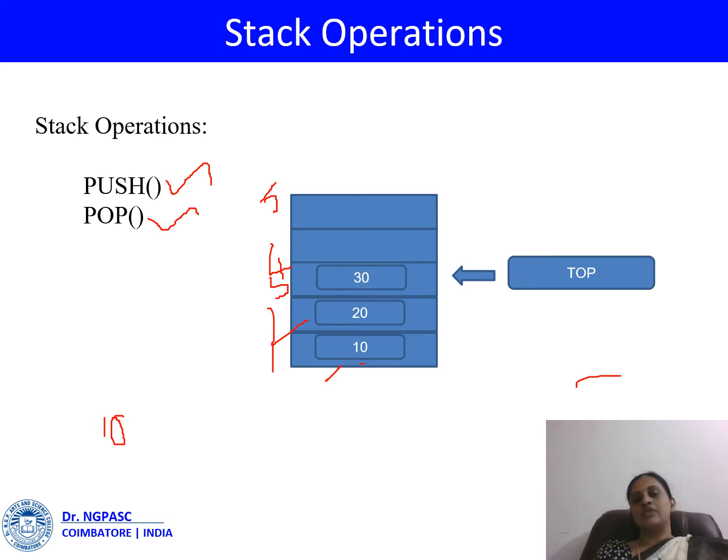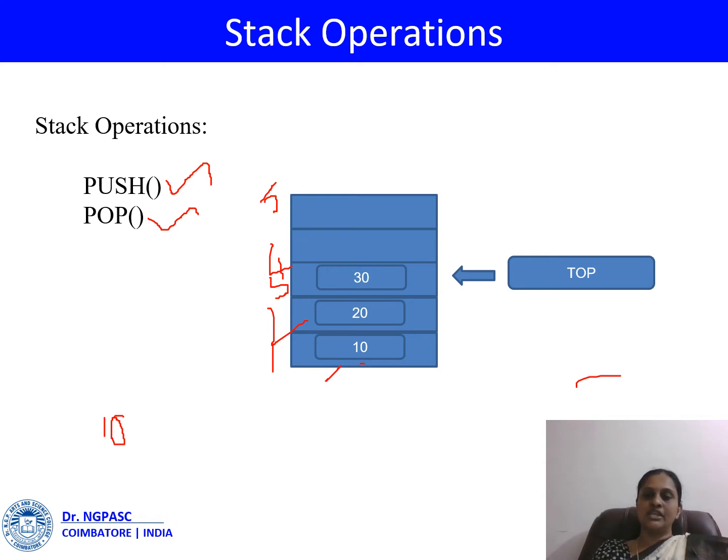Now let us continue with the next operation, that is the pop operation. The pop operation is nothing but deleting one data item from the stack. For example, from this one, can you tell me which data I can delete? I said that with the top pointer only we can access the data. Now my top pointer is pointing to the value 30. So if I want to delete a value, I can delete only the value 30.